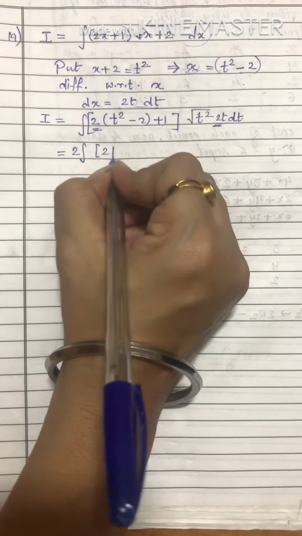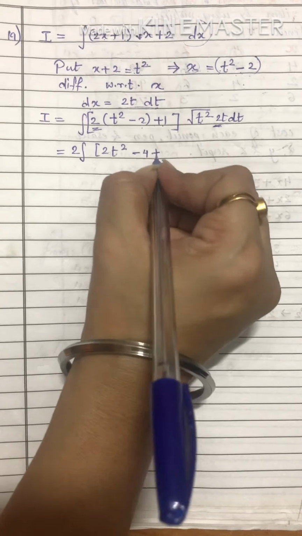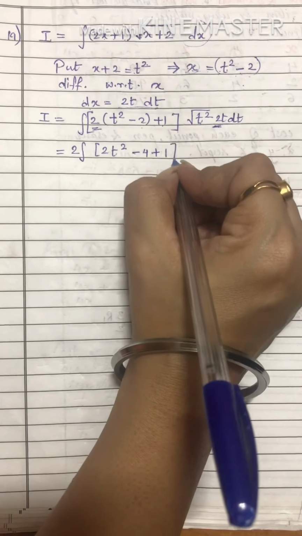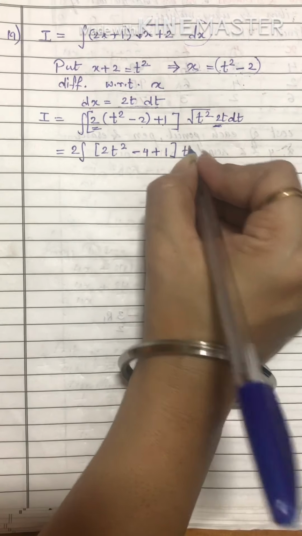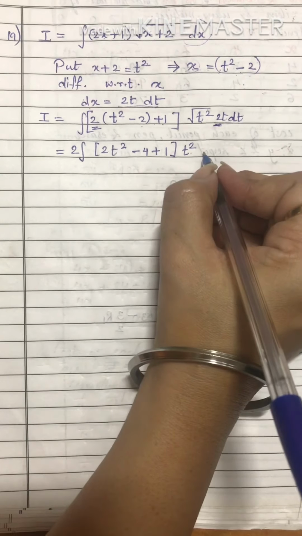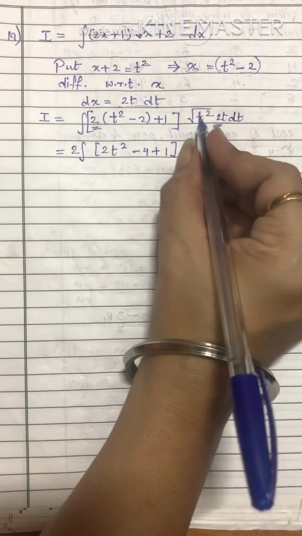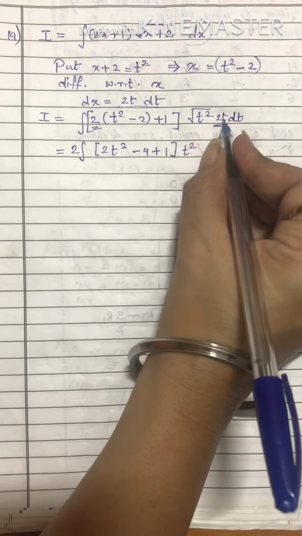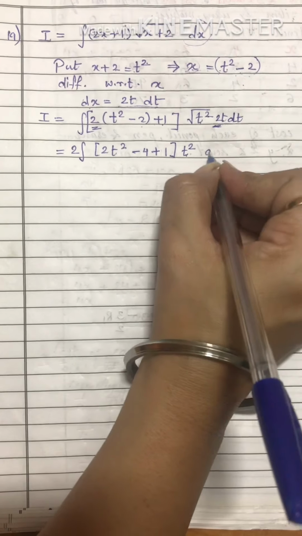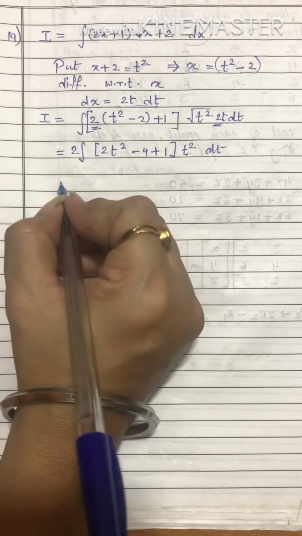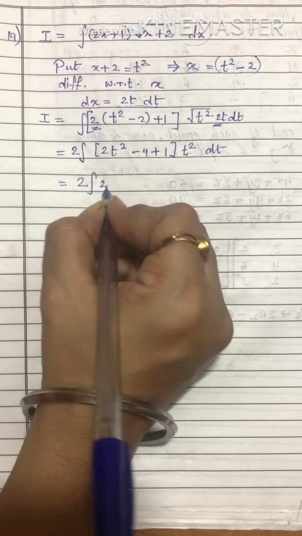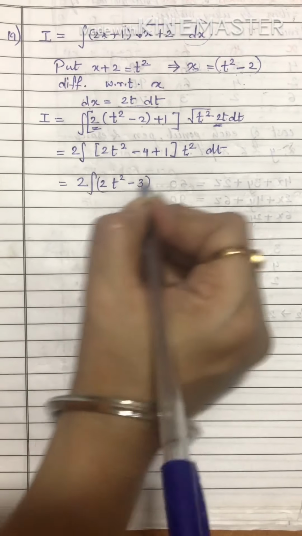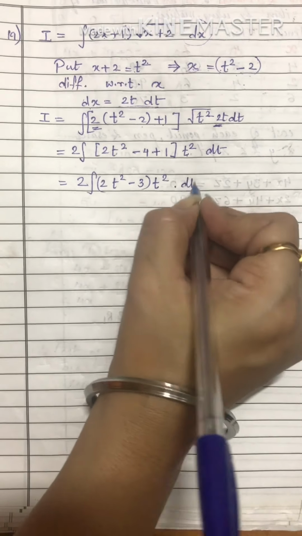So we get 2t square minus 4 plus 1 into t square into 2t. From here root t square gives you t, and with this t we get t square dt. So the next step we get 2t square minus 3 into t square dt.